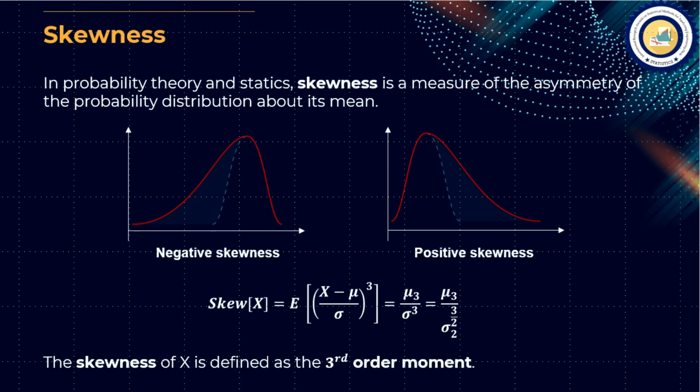According to the definition in probability theory and statistics, skewness is a measure of the asymmetry of the probability distribution of a real-valued random variable about its mean. The skewness value can be positive, zero, negative, or undefined.